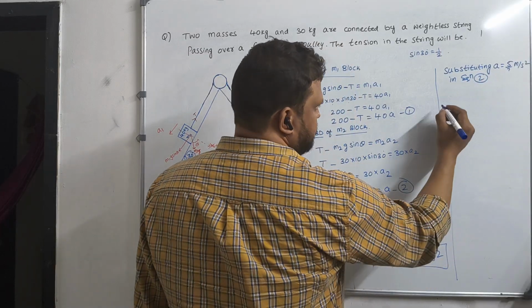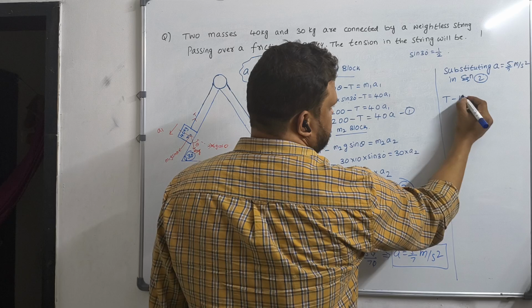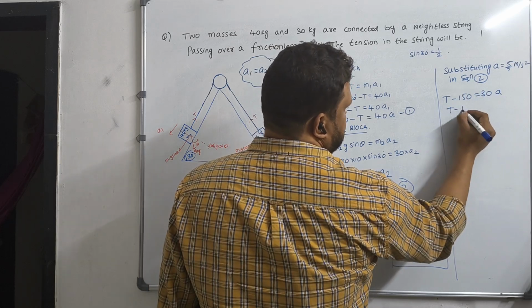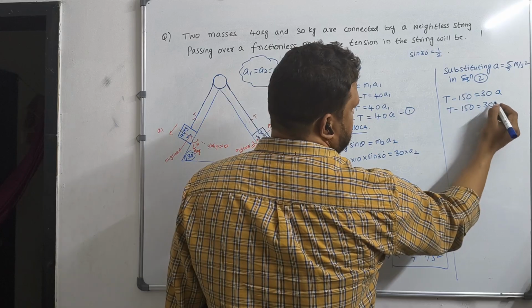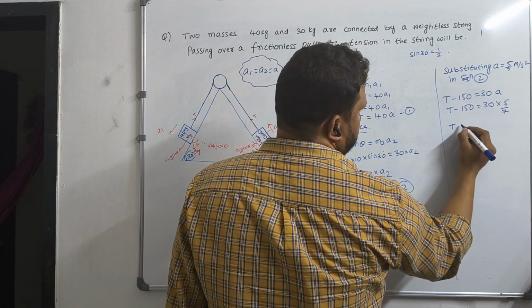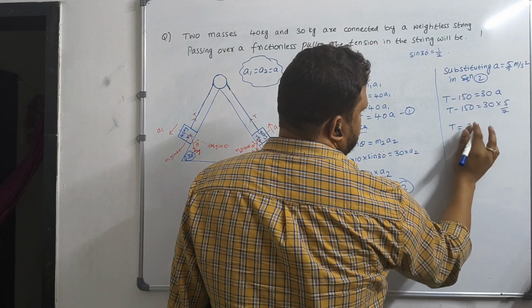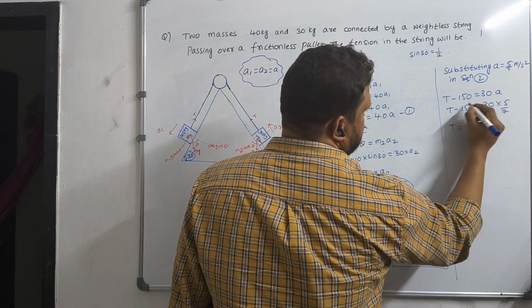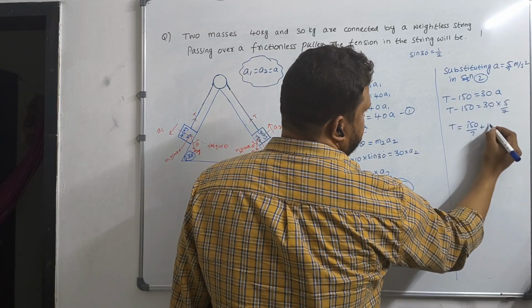You can substitute in equation 1 also, no issues. So T minus 150 equals 30 times A, so T minus 150 equals 30 times 5 by 7. So T equals 150 by 7, since 30 into 5 is 150, plus 150.